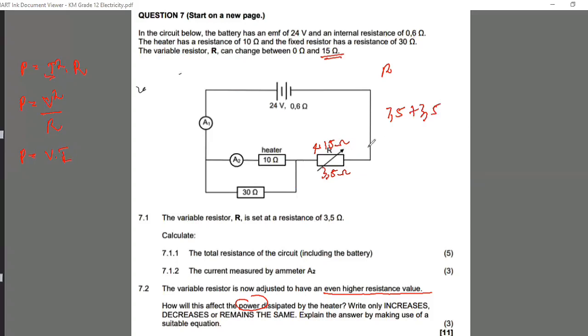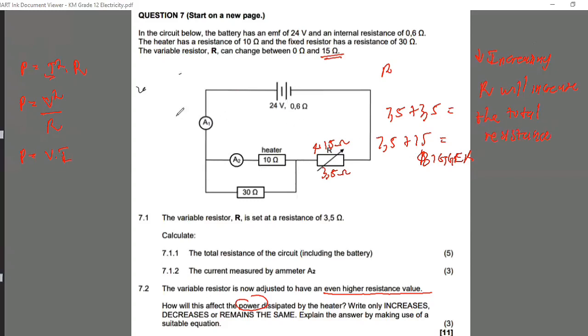But now, if we are to say 7.5 plus 15, you can see with the numbers here that this one will obviously be bigger, right, or greater. So number one, we can say increasing R will increase the total resistance, right? That's number one.